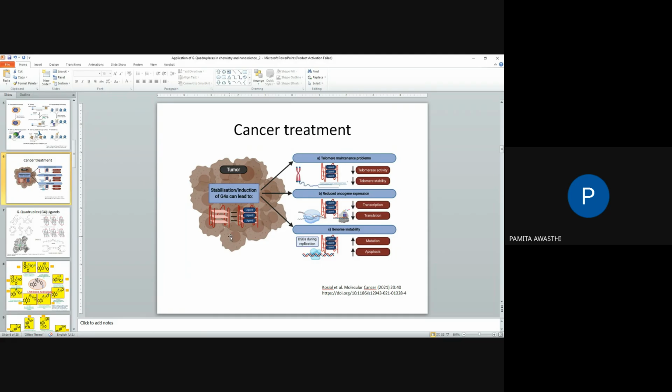So, based upon these cellular studies, G4 formation can be used as an anti-cancer treatment strategy by blocking replication or blocking oncogene expression.